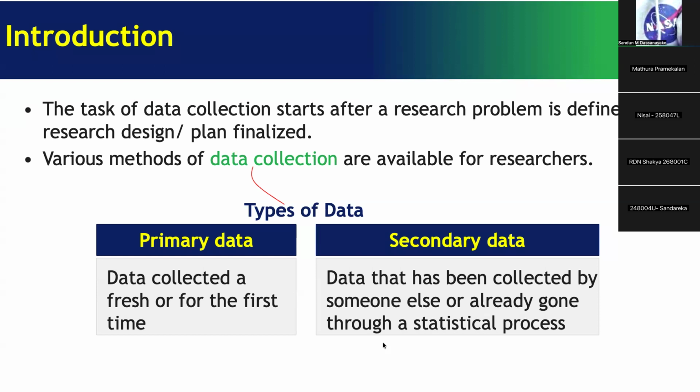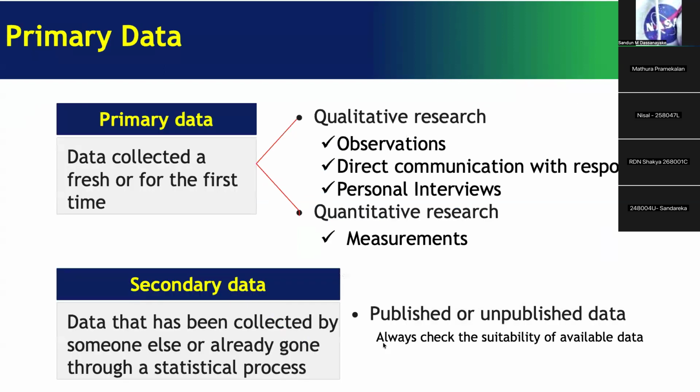So we have primary data and we have secondary data. Primary data can be collected from qualitative research, like observations, direct communication with the respondents, personal interviews, and also using quantitative research, like taking measurements, right? So that's primary data.